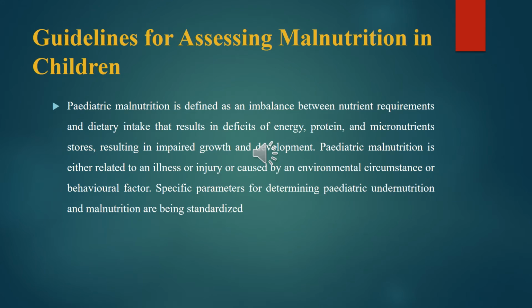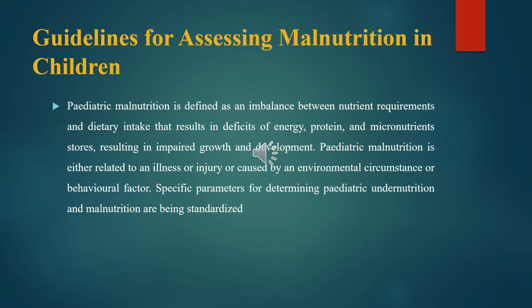In children, malnutrition is defined as imbalance between nutrient requirement and intake. If the balance between nutrient requirement and intake is disturbed, if requirement is more and intake is less, then energy, protein, micronutrient deficiency results, and impaired growth and development.